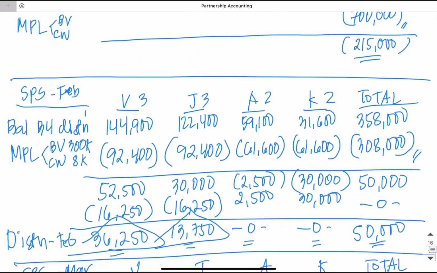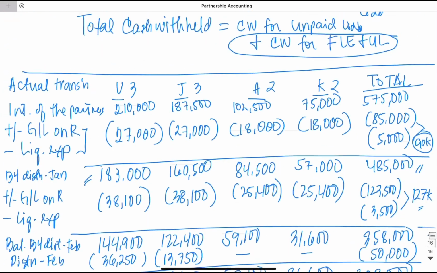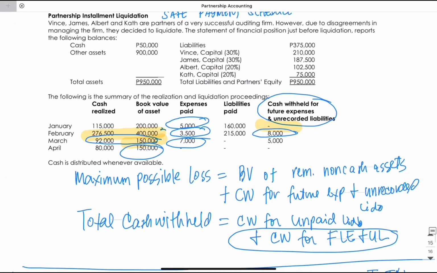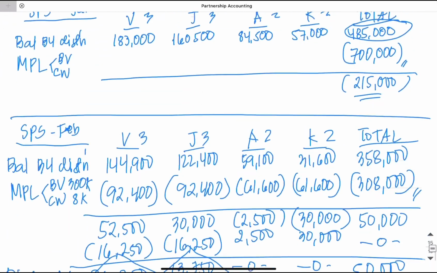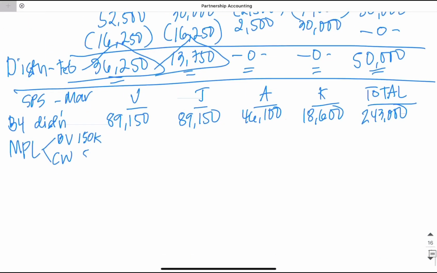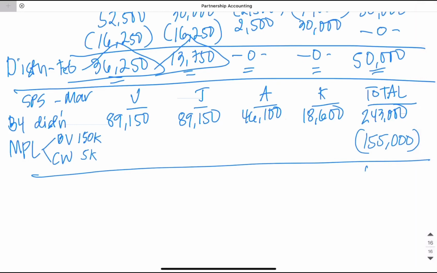The cash withheld for future liquidation expenses for March amounted to 5,000. So 150 plus 5,000 gives us 155,000. So 243 minus 155 is 88,000.